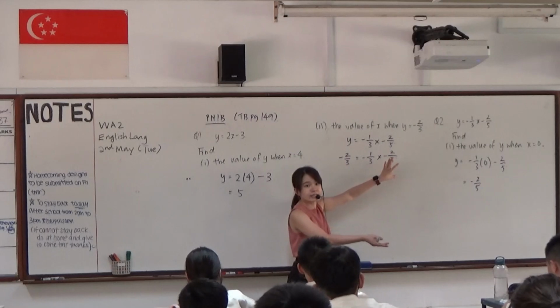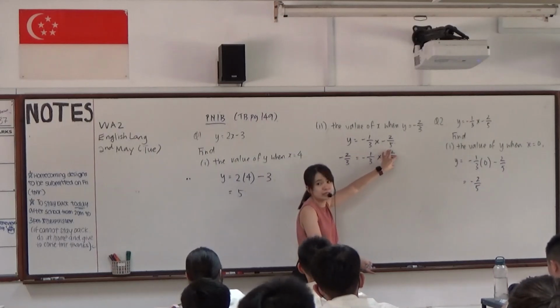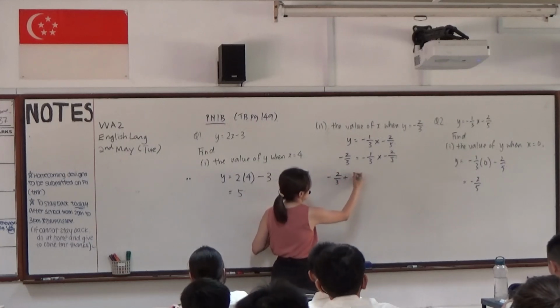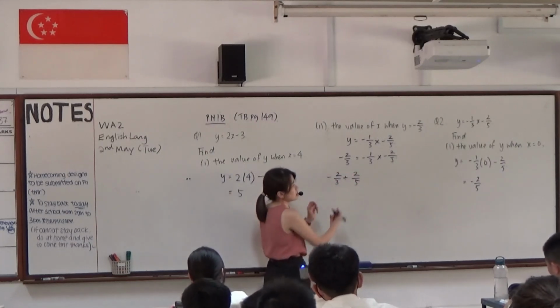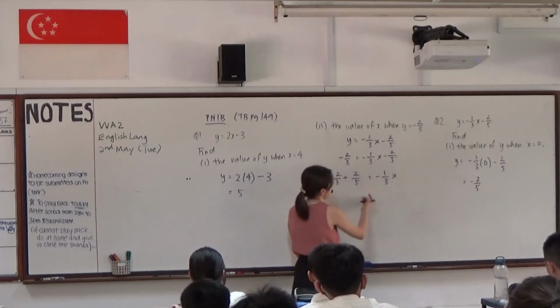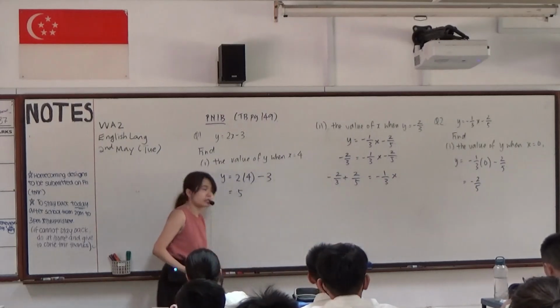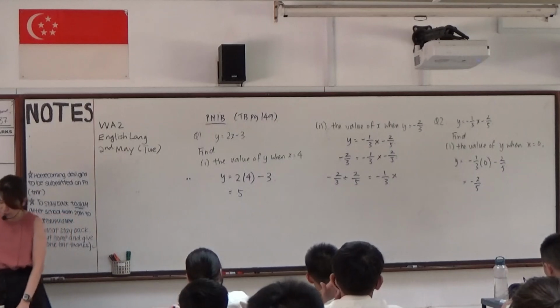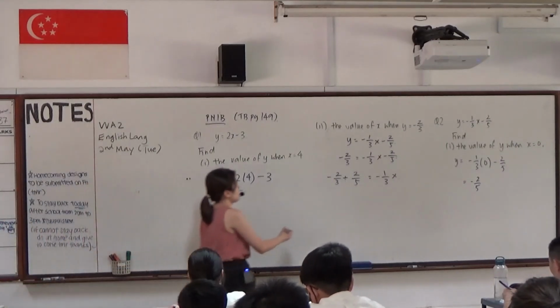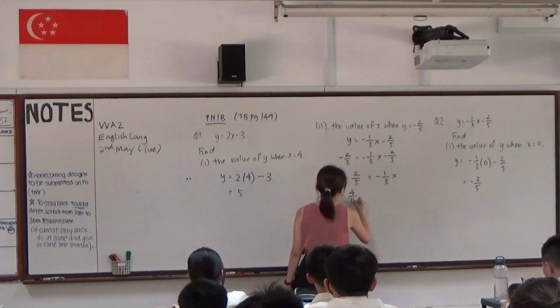Just like what I asked Lina just now, we can bring this minus 2/5 over to the left, and that will give us plus 2/5. And that is negative 1/3 x. This one, please press calculator. No need to make the same denominator and do mental calculation. And we get negative 4/15.